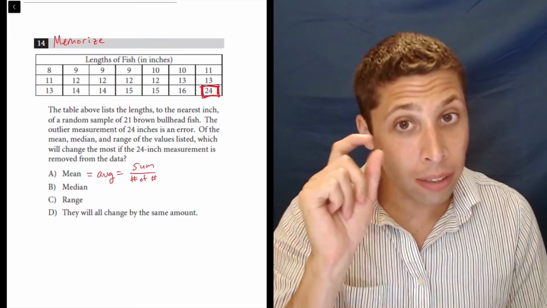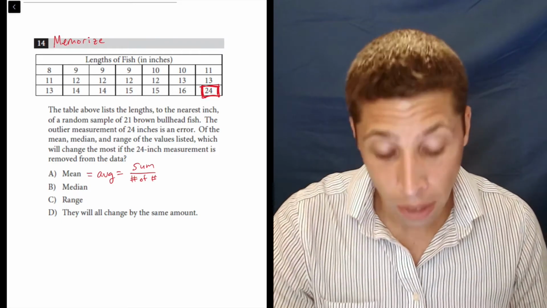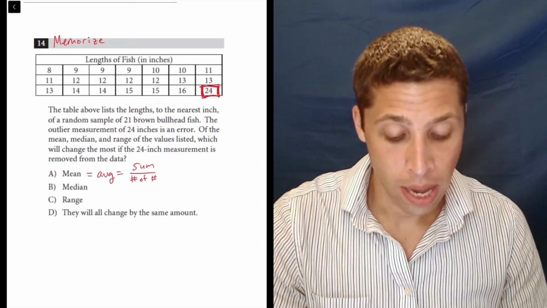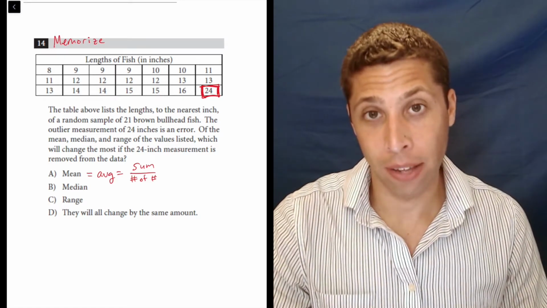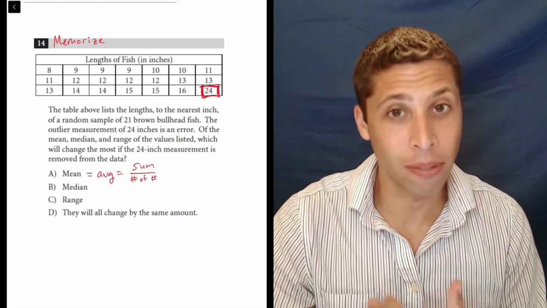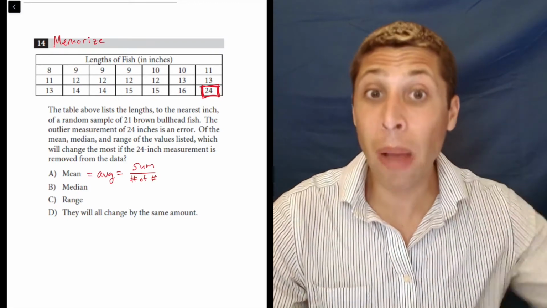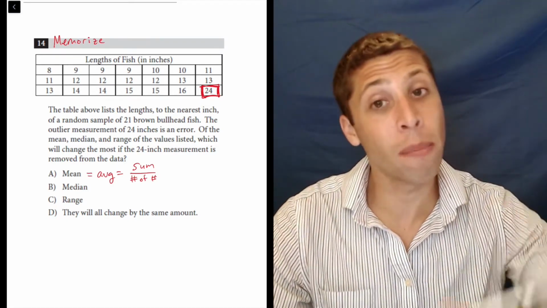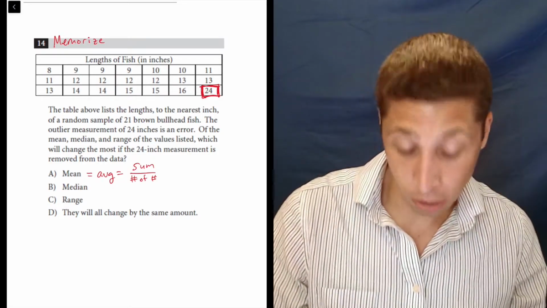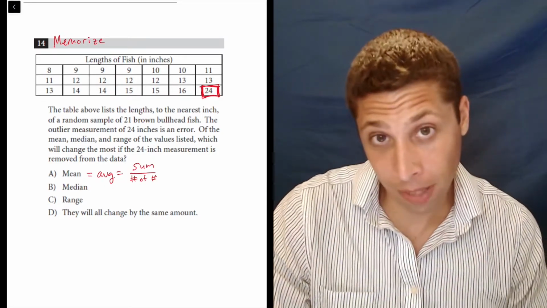Even a little decimal point somewhere is going to move because you're adding up different values and you're dividing by a different value. So the odds of something staying the same are very, very slim. That doesn't really happen, especially if it's an outlier on the edge of our data set. So the mean will change, okay? So that's part of this.